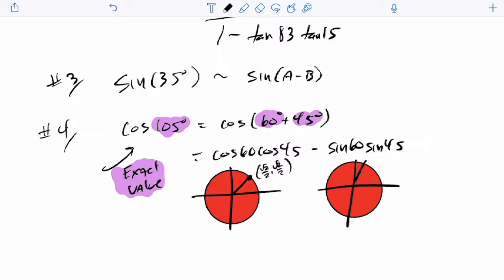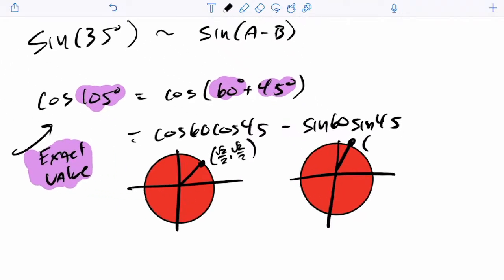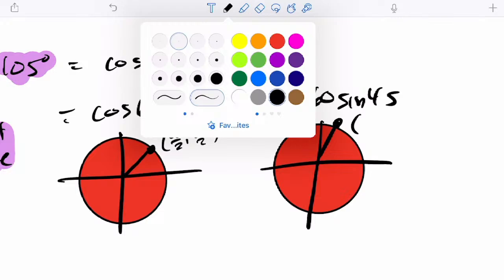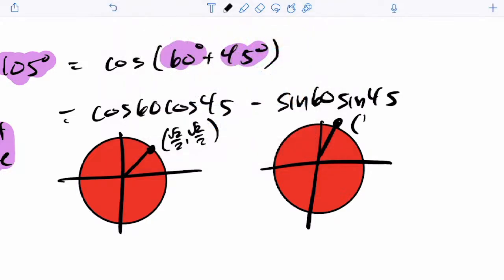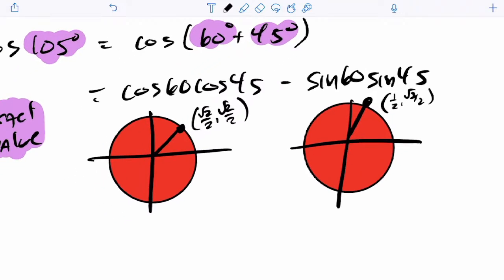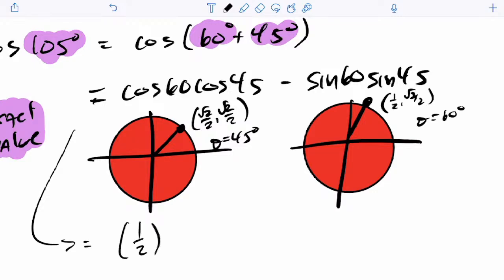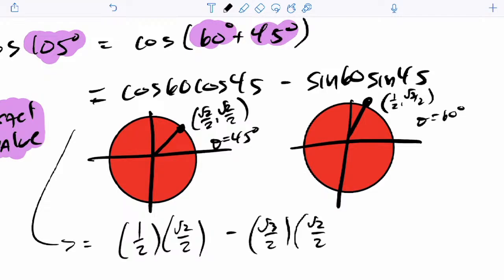At 60 degrees, I know that this is going to be 1/2 and then root 3 over 2 for your values here. So when I sub this in, this is when theta is 60 degrees, and this is when theta is 45 degrees. So at 60 degrees, the cos is going to be 1/2. Cos 45 is root 2 over 2. The sine is going to be root 3 over 2, and the cos is root 2 over 2.